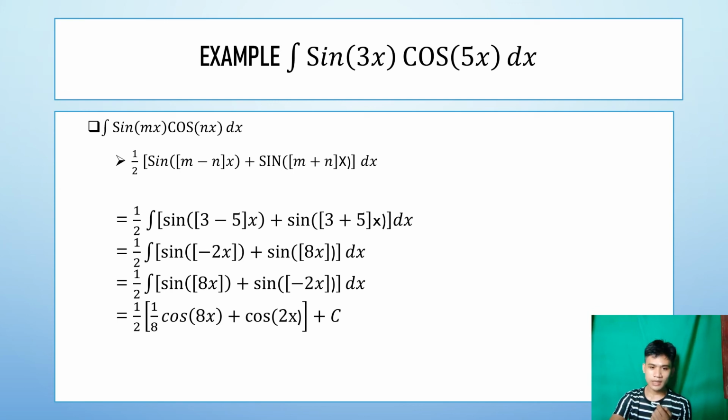The integral of sine 8x gives 1/8 cosine 8x, plus cosine 2x as the integration of sine negative 2x. So as we distribute the 1/2, multiplying it to negative 1/8 cosine 8x plus cosine 2x, we came up with negative 1/16 cosine 8x plus 1/2 cosine 2x plus c.